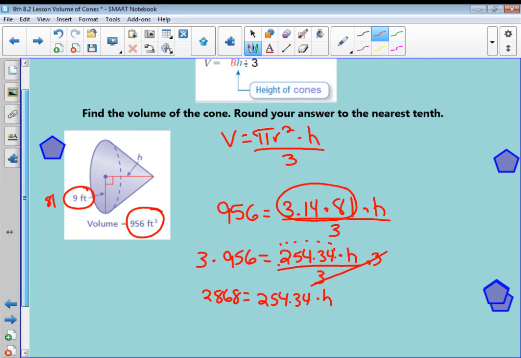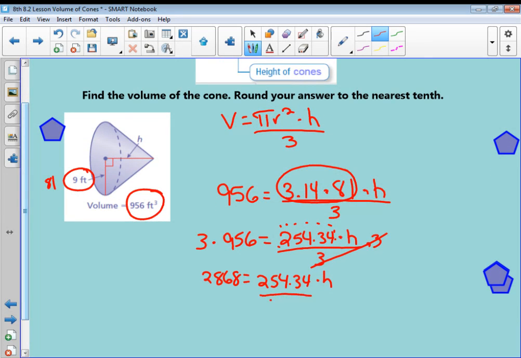So now I'll divide by that 254.34 to get rid of it. So 2,868 divided by 254.34 is approximately 11.27, so 11.3. And then units was feet.